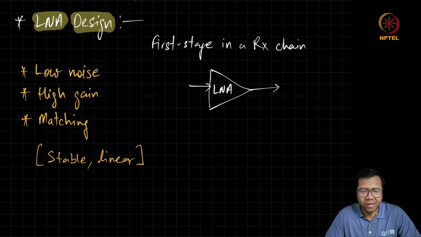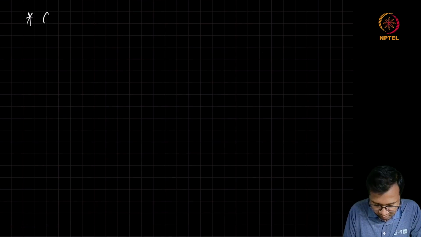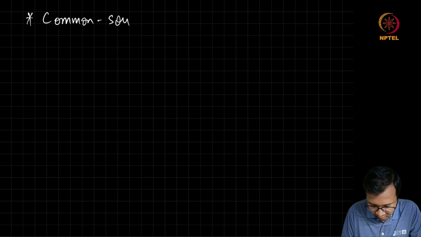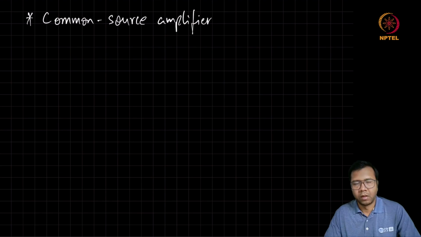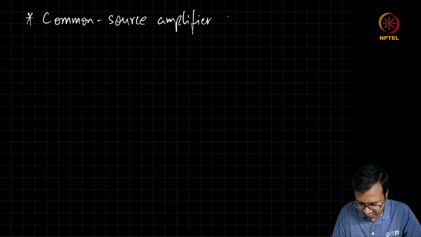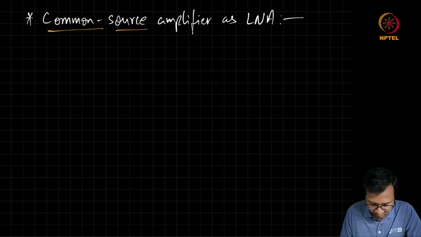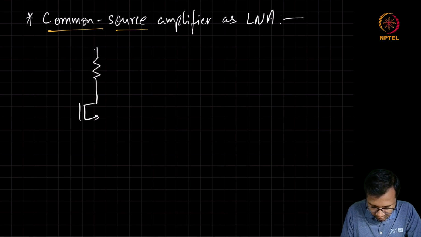So let us try to design an LNA using a simple common source amplifier, which all of us are already aware of. To design a common source amplifier to be used as an LNA: in the common source amplifier, we have just a MOSFET biased in saturation.